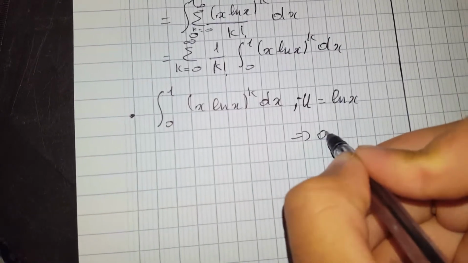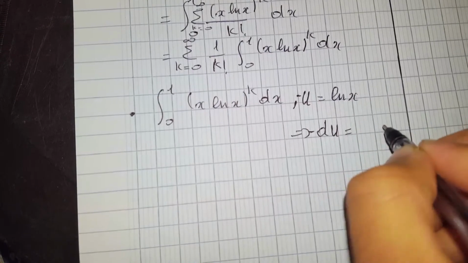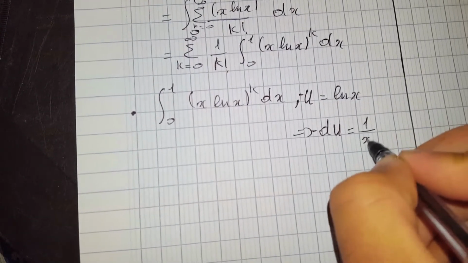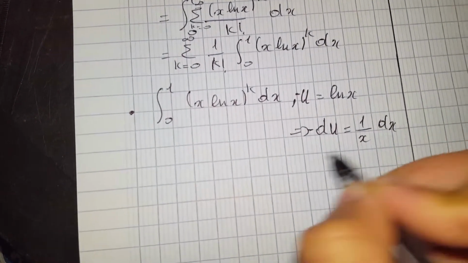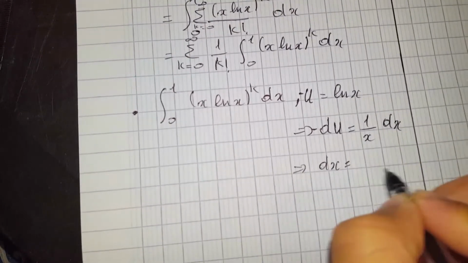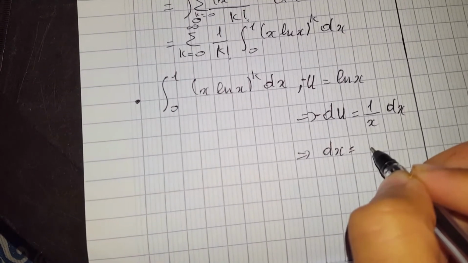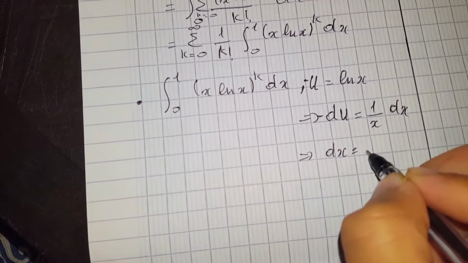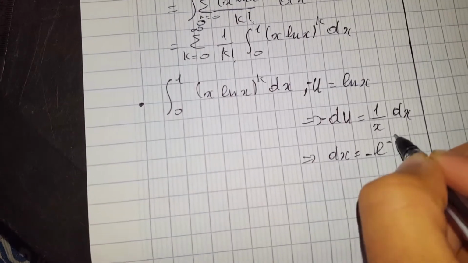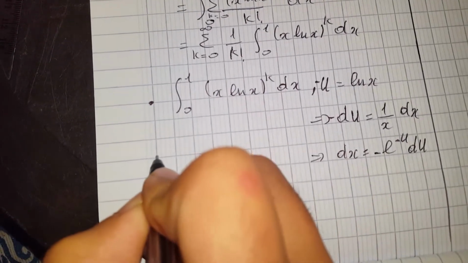That will give us that minus du is equal to 1 over x dx. And we know that x is equal to the exponential of minus u, so dx equals minus d of e to the minus u, which is minus e to the minus u du.